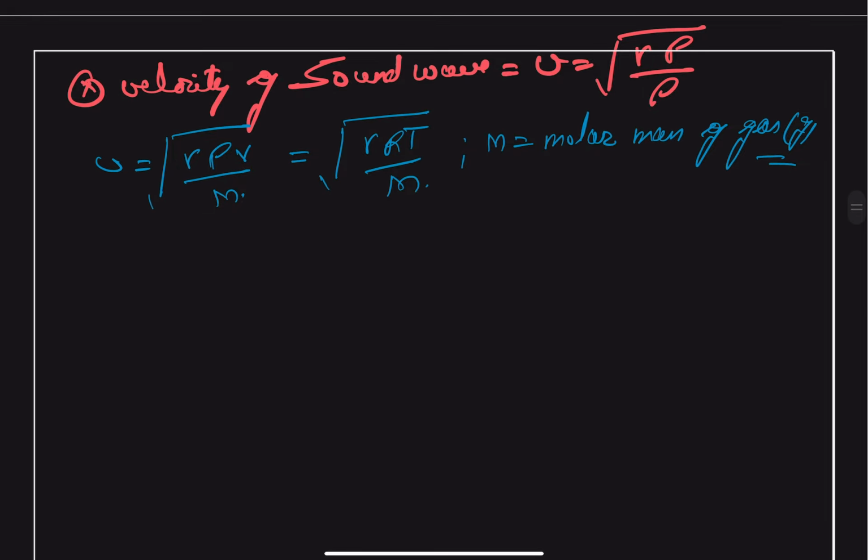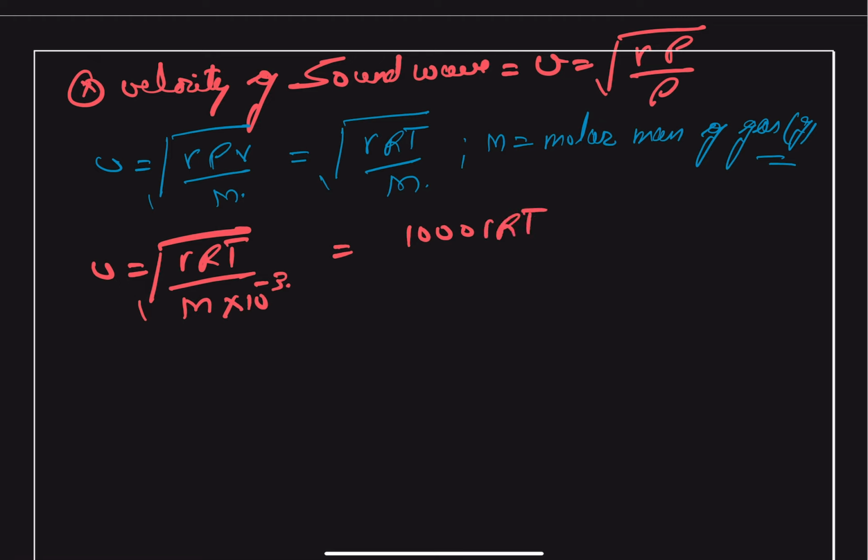So let us further modify it, and we can write that our velocity v will be equal to the square root of gamma RT divided by m into 10 to the power minus 3, and this is a simple conversion into kilograms, which can be further written as 1000 gamma RT divided by m under the square root.